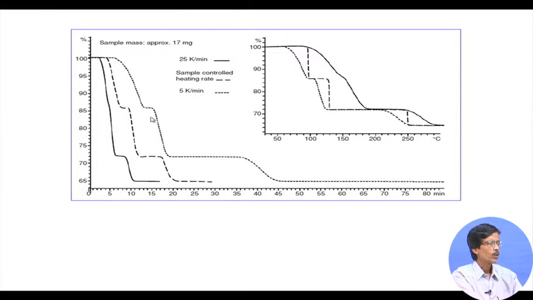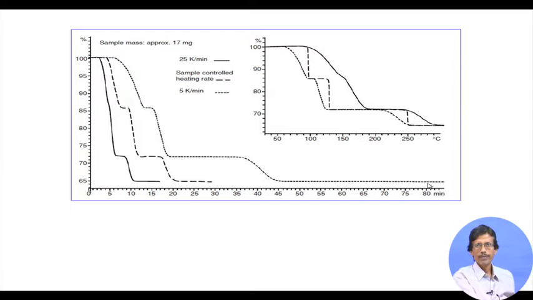When the rate is slow, we take more time to observe the mass losses at these points. When the rate is very fast, the solid line, we can finish the whole experiment within 17 minutes, whereas at 5 Kelvin per minute we finish at 80 minutes.